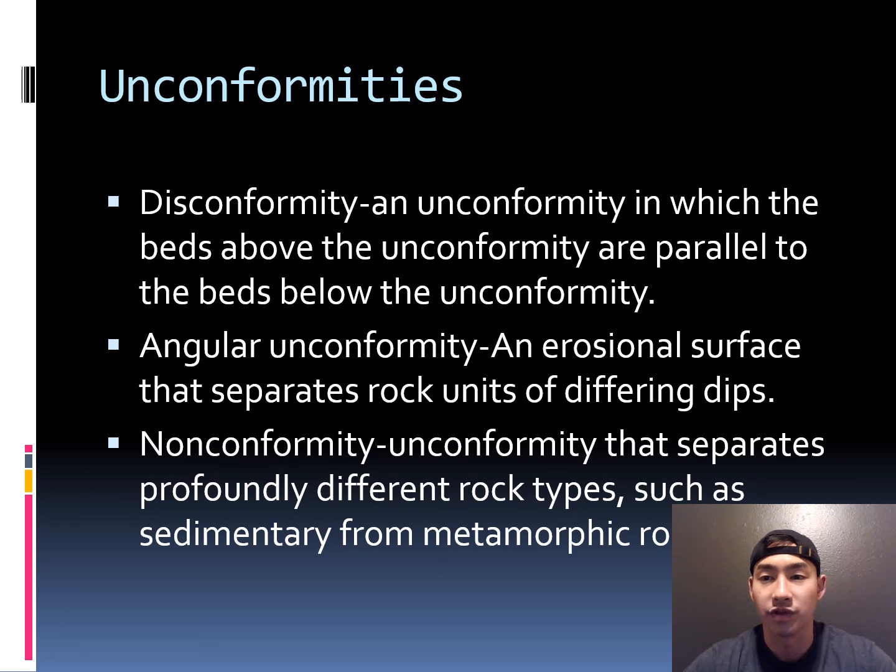For example, if we had an intrusive igneous rock such as a granite, and we have sedimentary rock right up against it in nice flat horizontal layers, the contact between the sedimentary rock and the igneous rock would be a non-conformity.